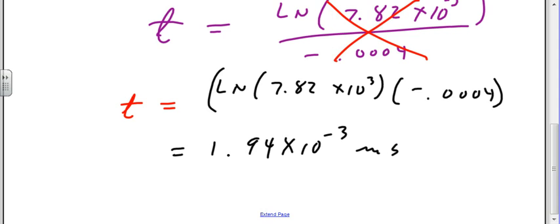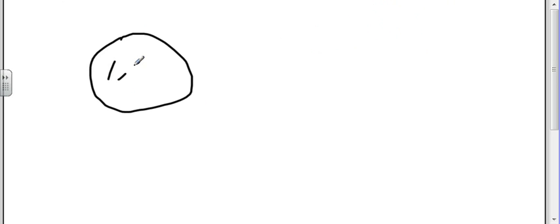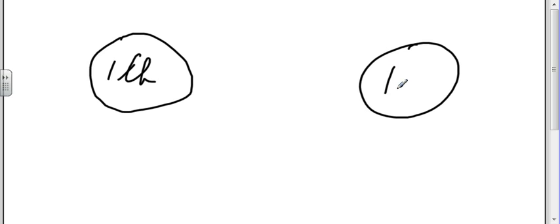So now the issue is, I've got this radioactive material over here. It's 1 pound. And I've got this radioactive material over here, and it's 1 pound. This guy's got a half-life of 10 minutes.